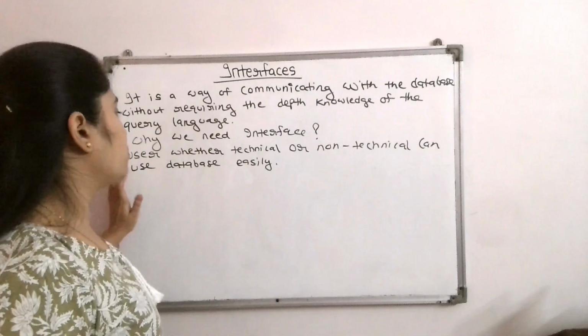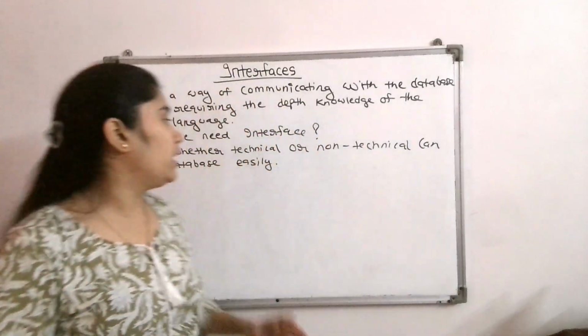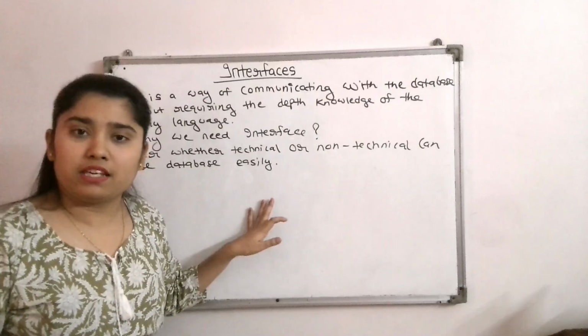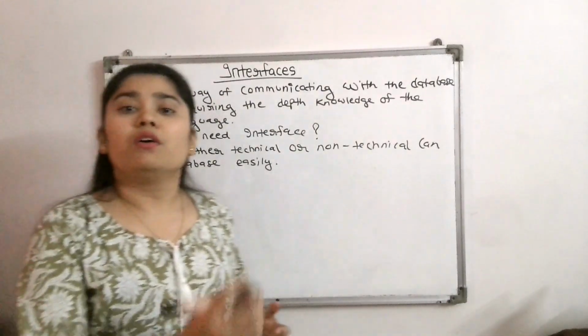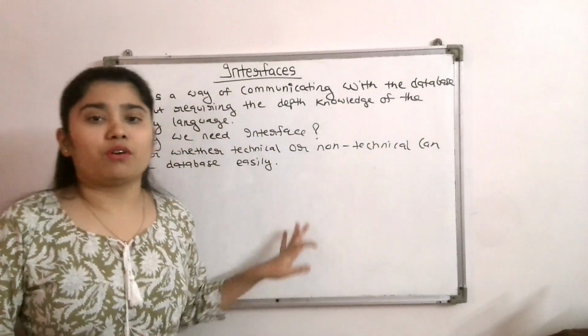Even if the user has no knowledge of the SQL language, he can use the database easily because of the physical or visual interaction. We will see how in the types of interfaces.